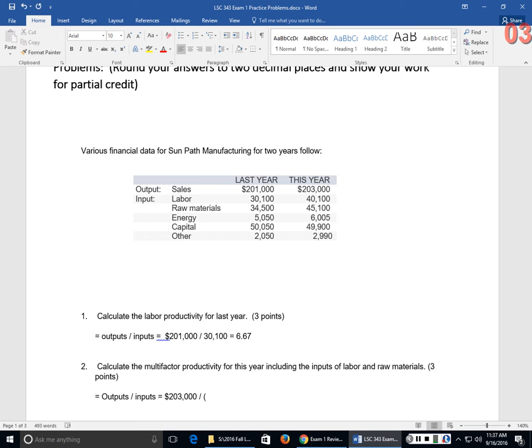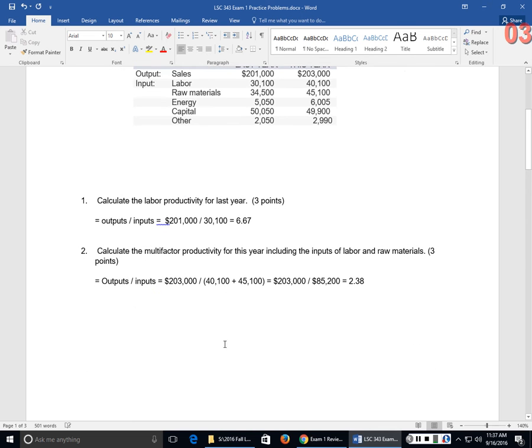So I'm going to use labor at 40,100 plus raw materials of 45,100. The key on this type of problem is just make sure you're using the data from the right year and that you capture the right outputs and inputs. So that becomes 203,000 divided by 85,200, which is then 2.38, which is your productivity measure. Okay? So again, relatively straightforward.